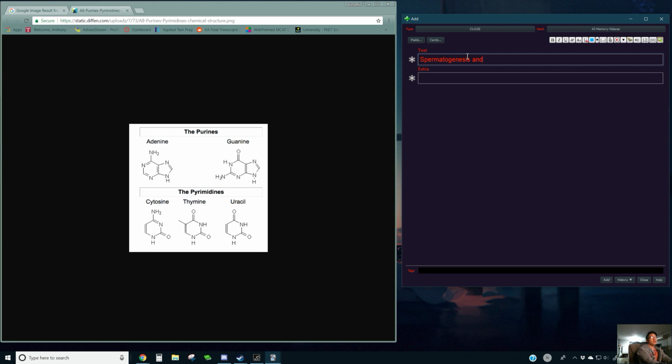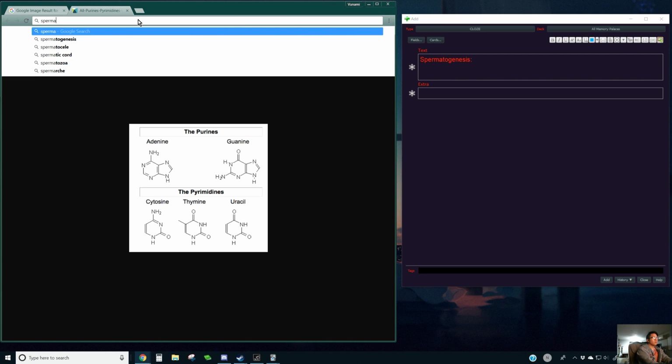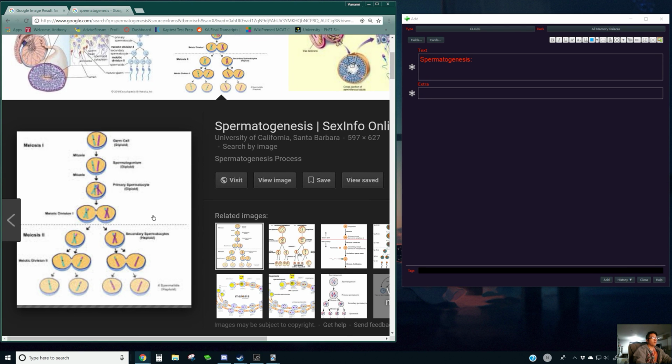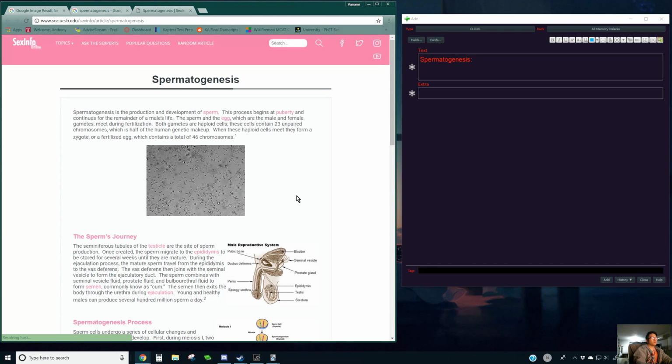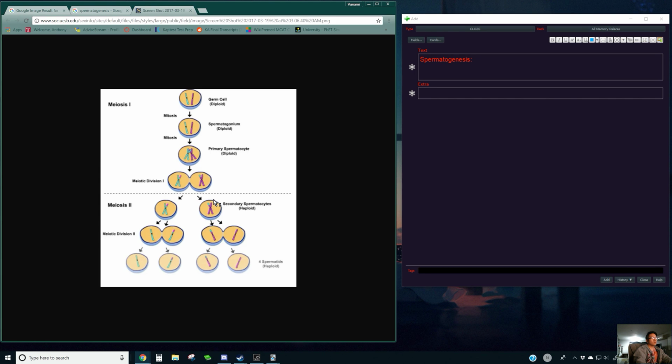Spermatogenesis. I'll just type in spermatogenesis. Spermatogonia. You know what? I'm going to probably input the picture, the image, instead of typing it out. Gotta make sure it's correct. Germ cell diploid, mitosis diploid.